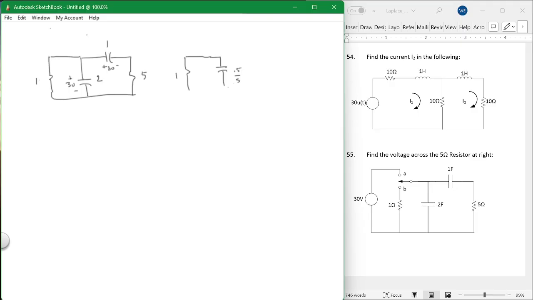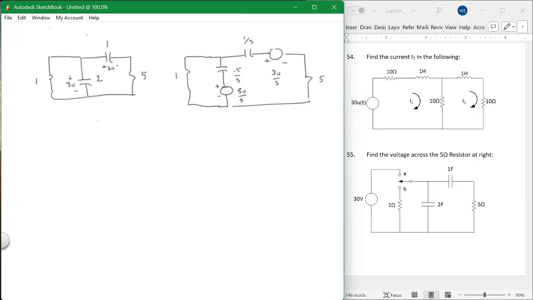And down here I have a plus to minus 30 over s supply. And over here I have another 1 over s, and a plus to minus 30 over s supply. And then I have a 5 ohm resistor over here.